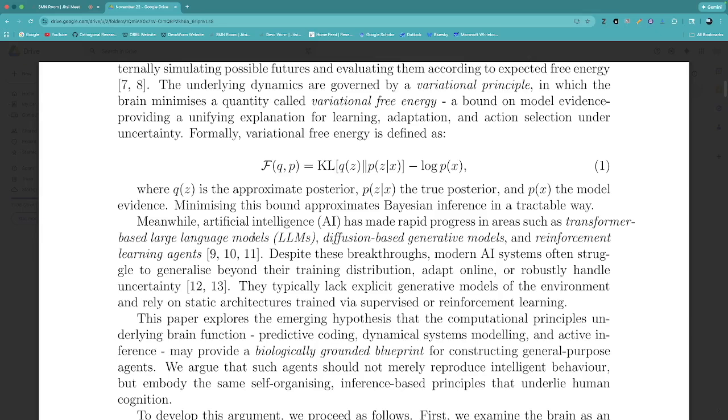So reinforcement learning, for example, is good for learning immediate rewards and policies, but it's not good at that world model approach where you need to model the world so you don't have to have been trained on everything to get the gist of the context.